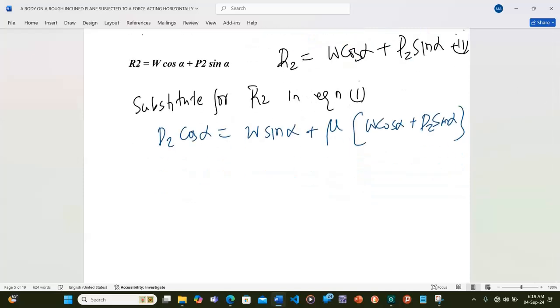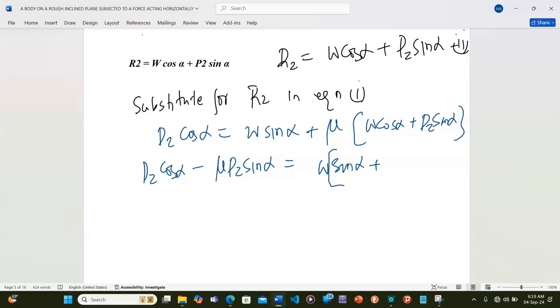Collecting the right terms, I have P2 cos alpha minus nu P2 sine alpha equal to W sine alpha plus nu W cos alpha. W is common, so I can put it outside.